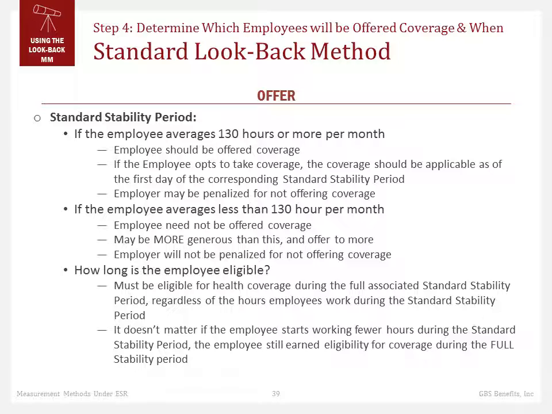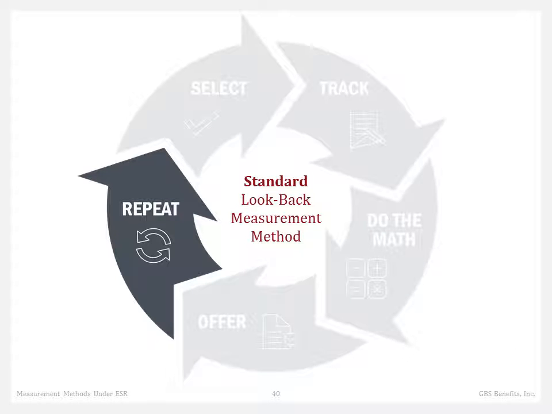In other words, it doesn't matter if the employee starts working fewer hours during the standard stability period, the employee still earned eligibility for the full stability period and should be able to remain on if they would like to do so. Now, for the following measurement period, if they're working fewer hours than the next stability period, they probably wouldn't be eligible. But for the period that they did earn it, or were 130 hours or more average per month, they would need to be locked into that stability period.